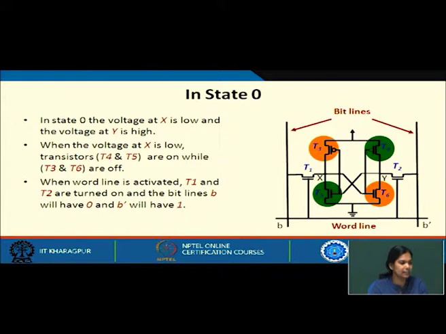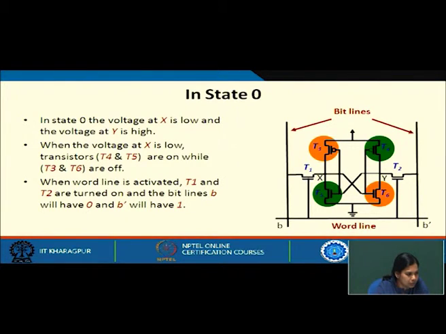Now, let us see what happens in state 0. In state 0, x is 0 and y is 1. The voltage at x is low, and the voltage at y is high. X is low, so the x input is going to T6 and to T4.